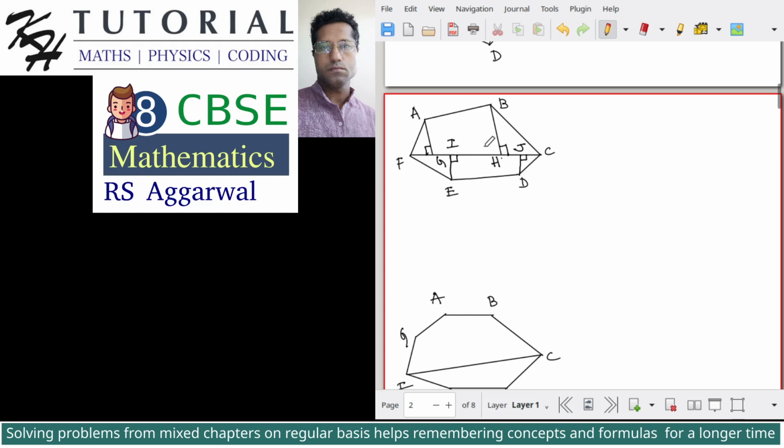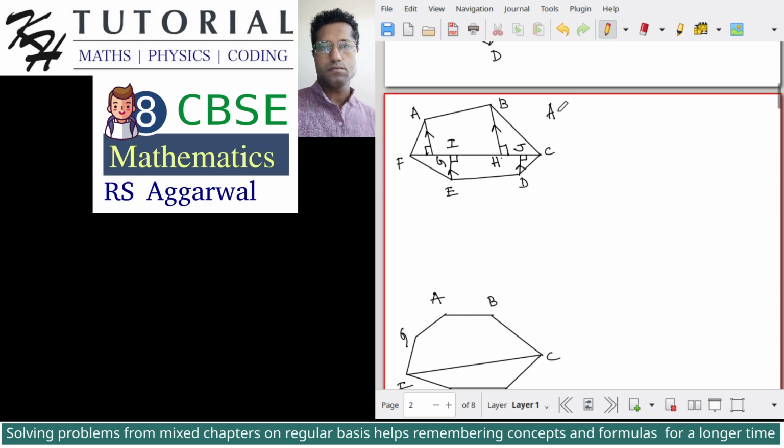Above the diagonal FC, the trapezium is ABHG, where AG is parallel to BH. Below the diagonal FC, we have two triangles and one trapezium, where the trapezium is IEDJ, and the parallel sides are IE and JD.